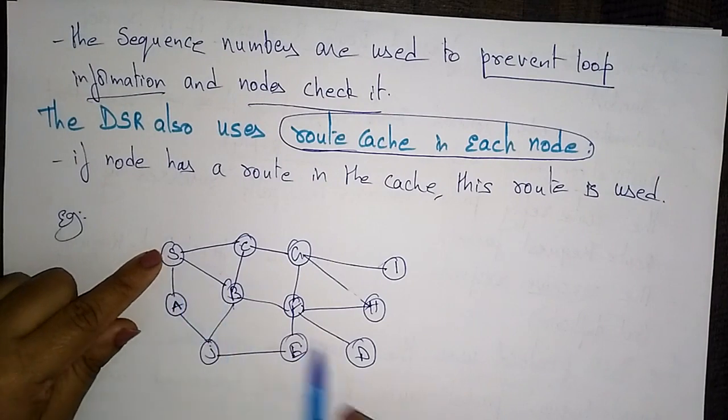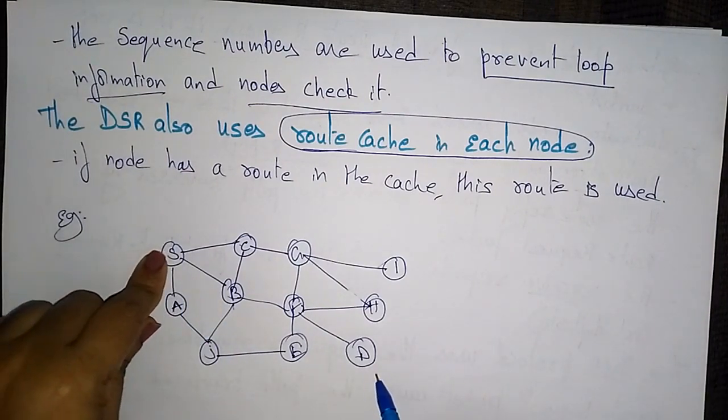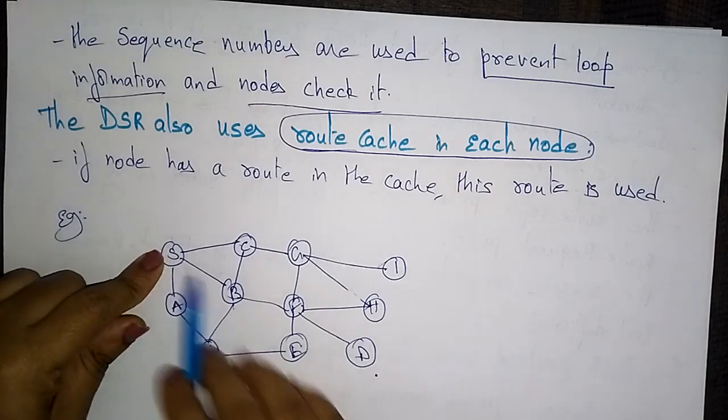So here the source is there and we need to reach the destination. Initially it does not know the route to D.